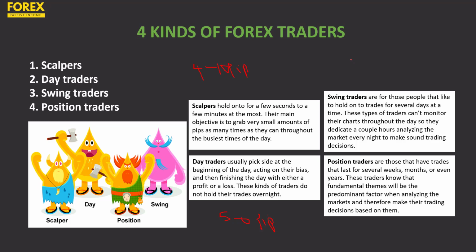A swing trader may be looking at making 300 pips because they are holding their position longer, while a position trader may be looking at making above 1,000 pips because this guy is holding his position for a long time, weeks, months, years maybe. So they could make up to 3,000 pips, 4,000 pips, depending on the move.